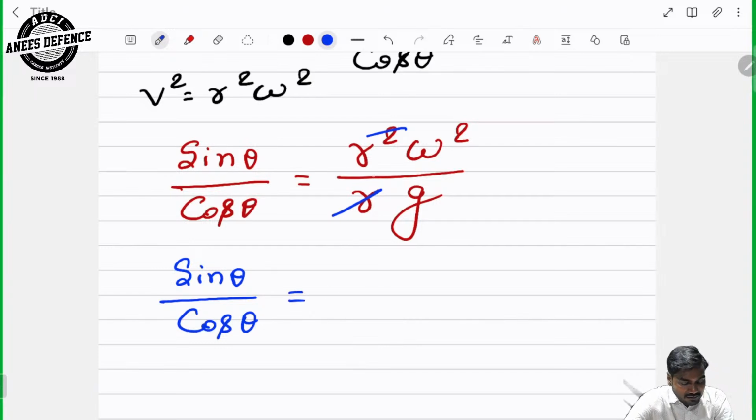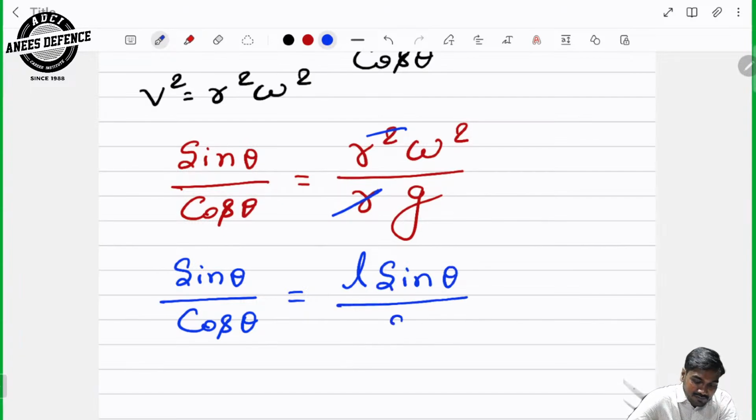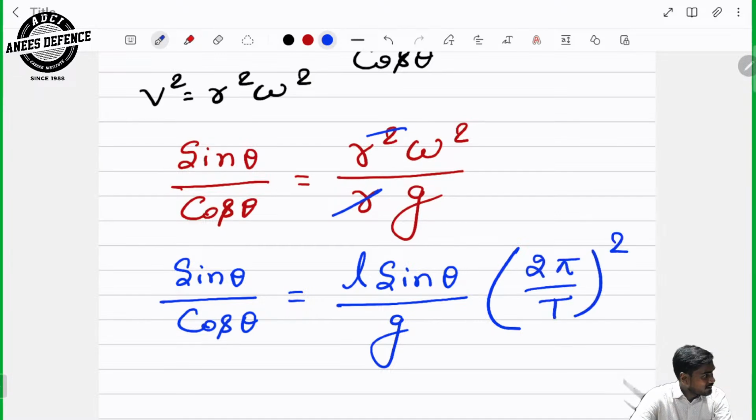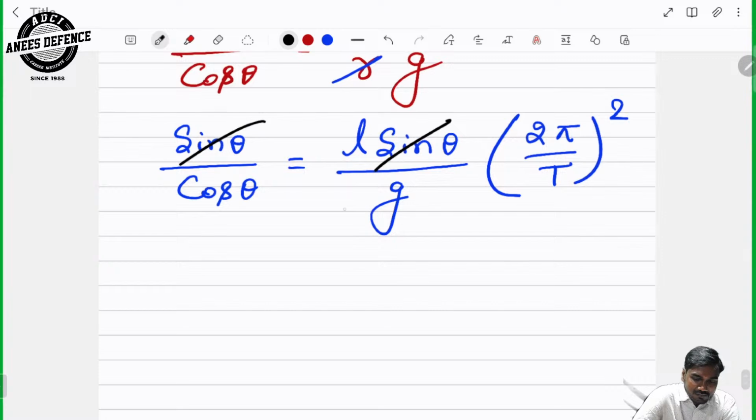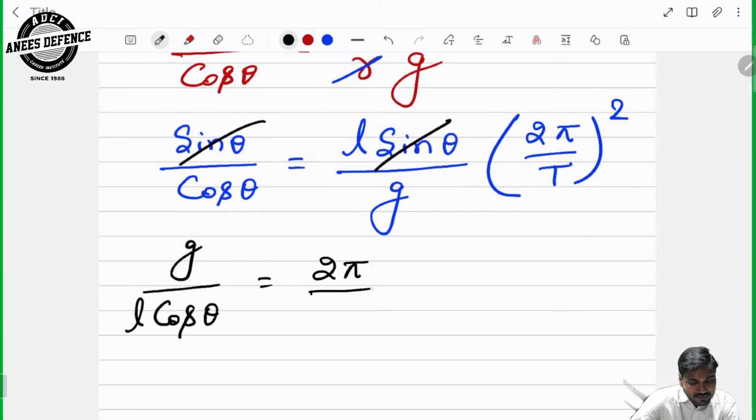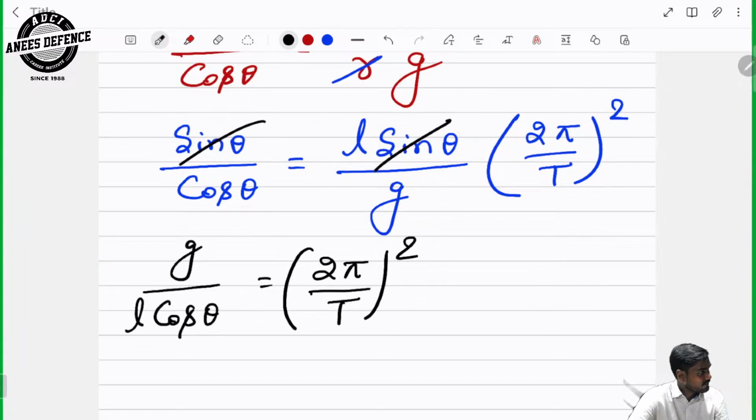R is nothing but L sin theta, upon g, and omega square means 2 pi by T whole square. Cancel sin theta. What you are getting is g upon L cos theta is equal to 2 pi by T whole square.